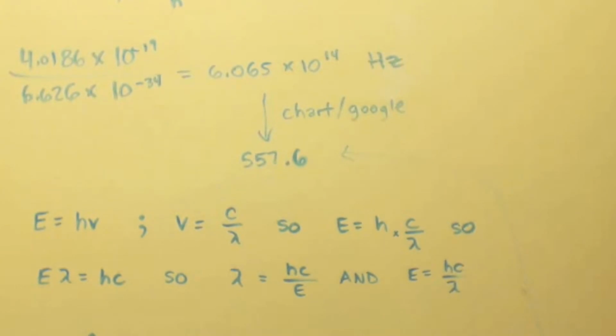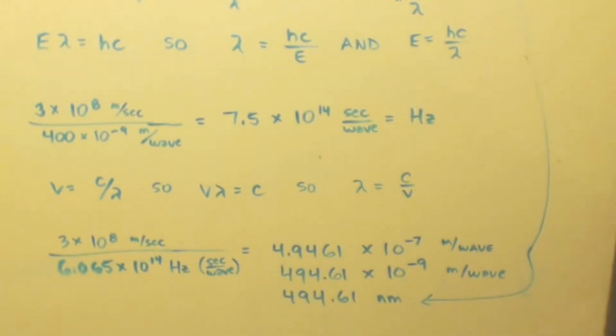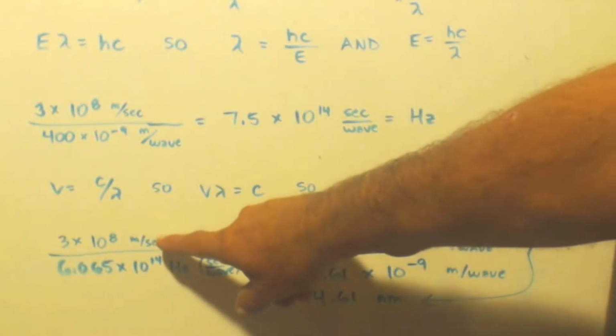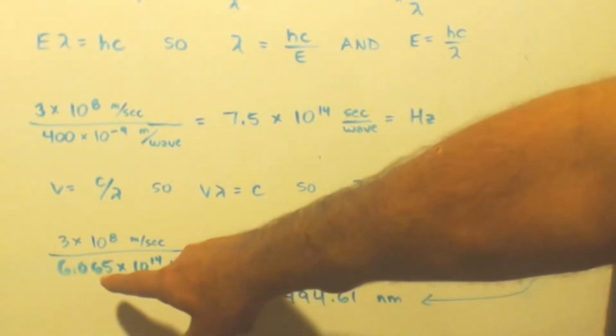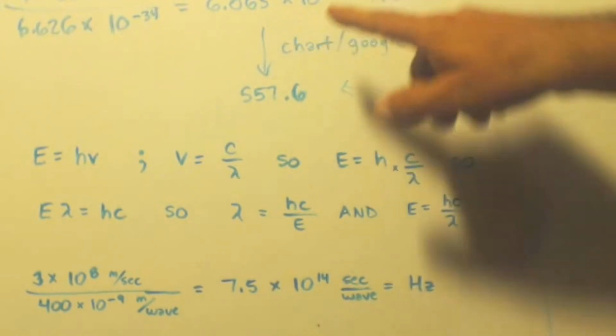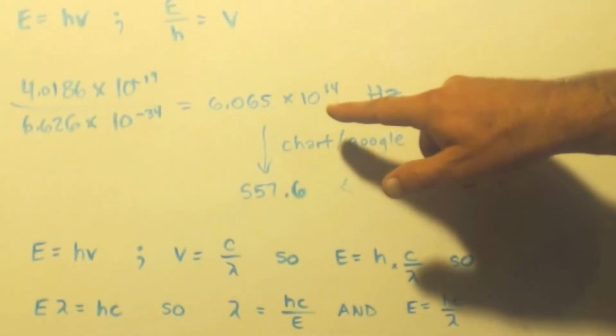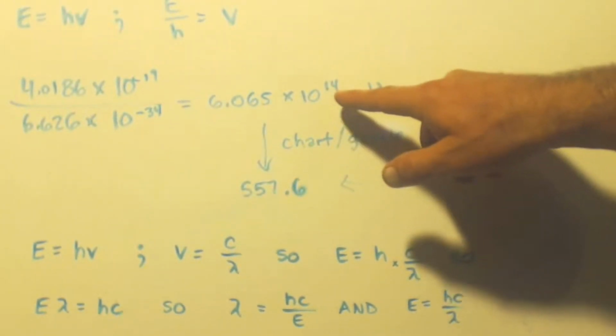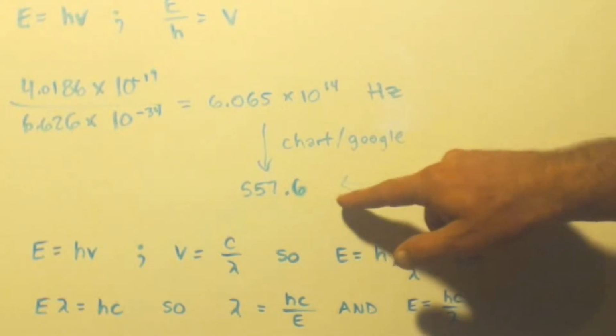Well, let's do the math and see if that chart is a big freaking liar. So again, I take my speed of light. Remember up here, we know the hertz is correct because we did it mathematically, right? What we got off the chart was the nanometers, right?